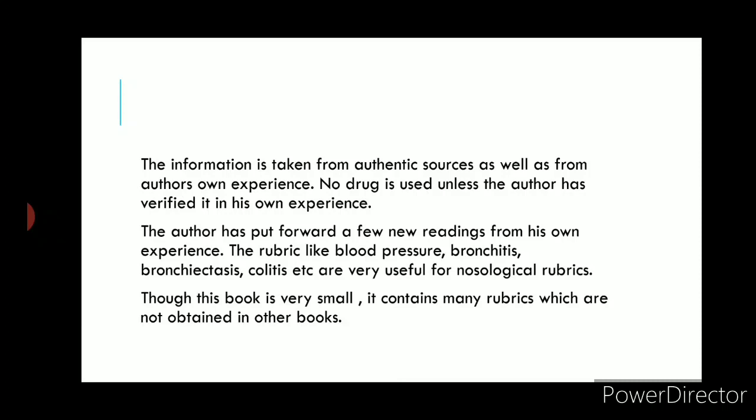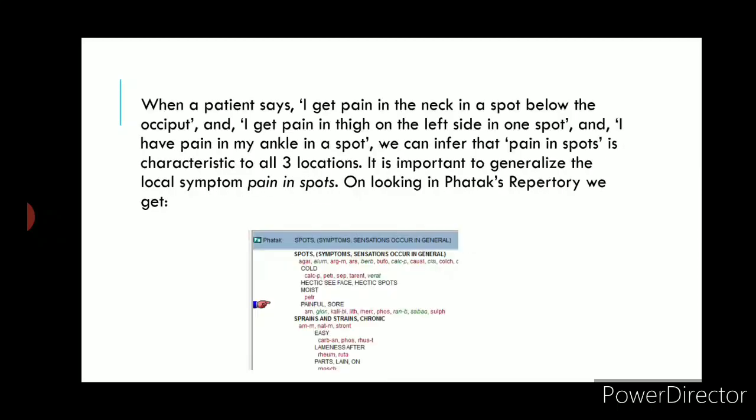So rubrics like blood pressure, bronchitis, colitis, you can find easily in this repertory. Though it is a very small and concise book, it contains a large number of rubrics. Another particular thing you are going to see is that it analyzes the general aspect from different particular symptoms.